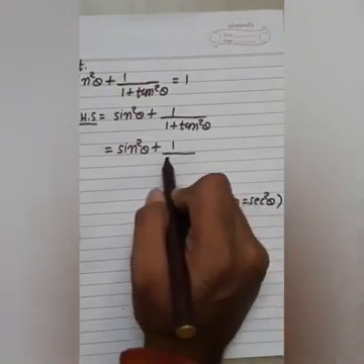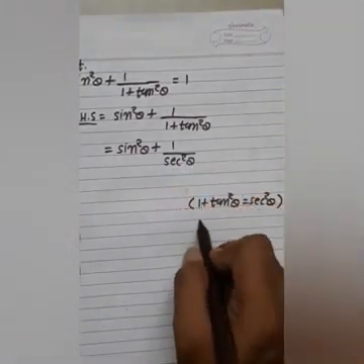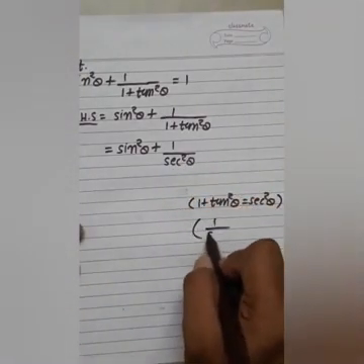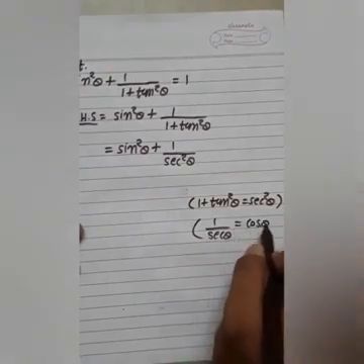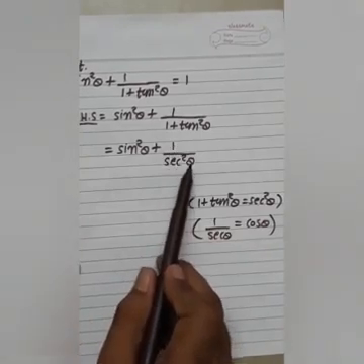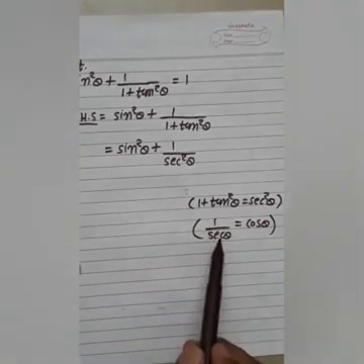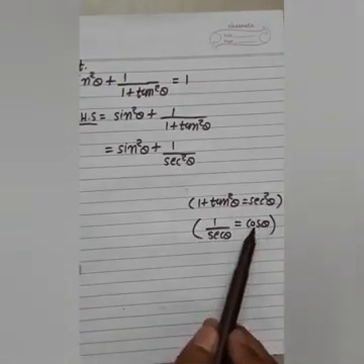But again we know that 1 upon sec theta means cos theta. Now here 1 upon sec square theta is present, so we can apply cos square theta.